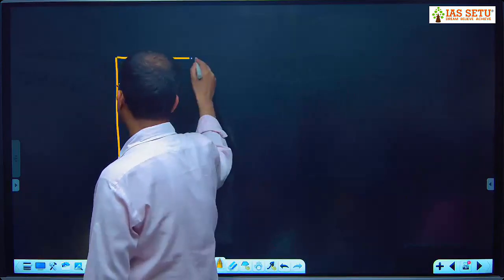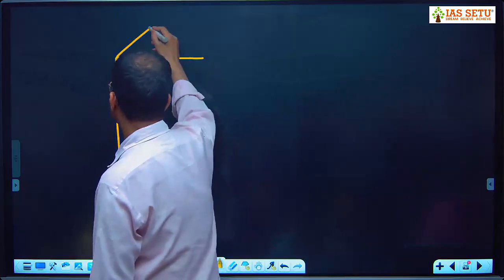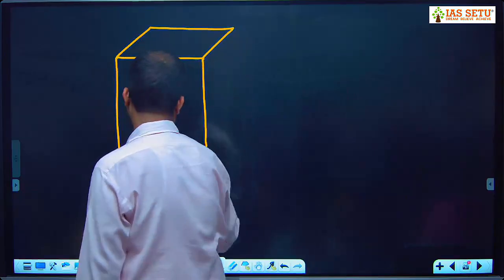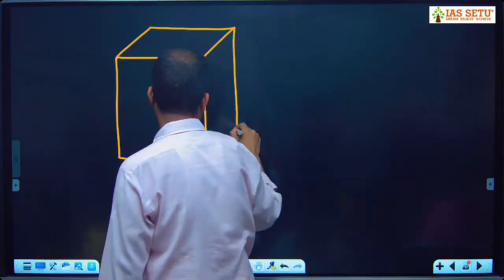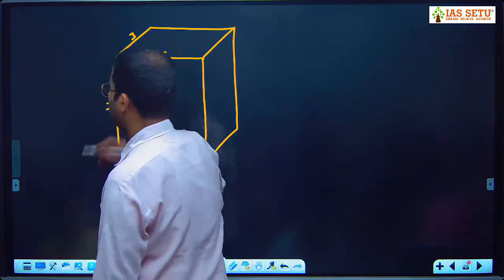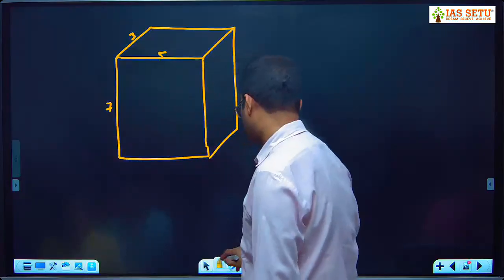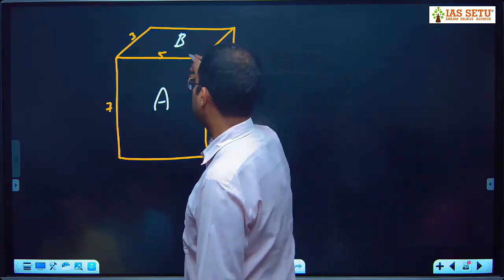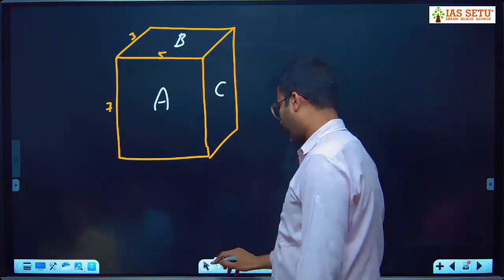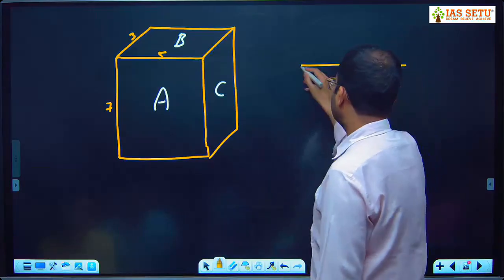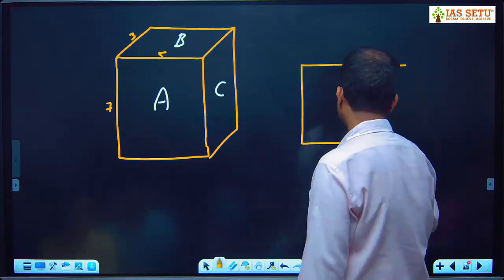Here this is 7 centimeter, this is 5 centimeter, this is 3 centimeter. Seven centimeter, 5 centimeter, 3 centimeter. Here it is A, it is B, it is C. We have two different views of the same dice.